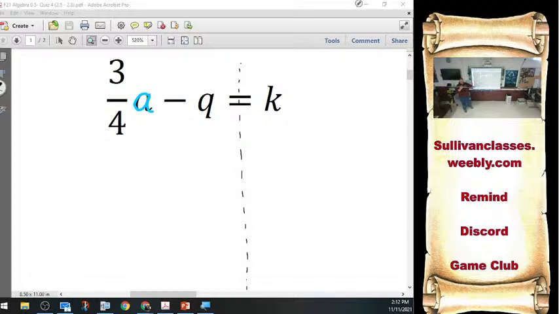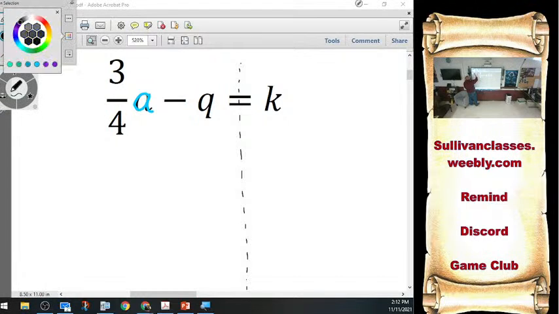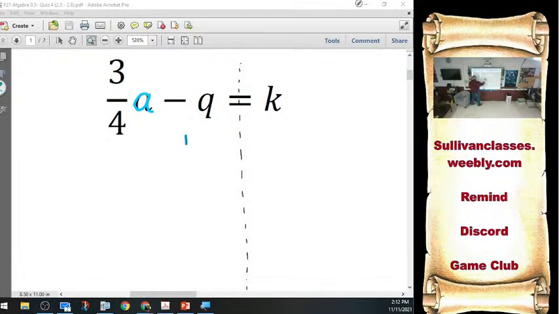Negative 5, okay? Negative 5 again. Crap. You don't want to do that. That's why that might help you. So if I'm going to get rid of Q, I'm going to add Q to both sides.